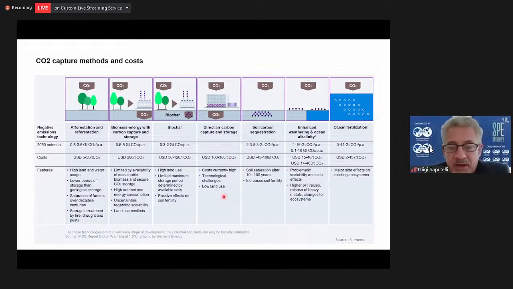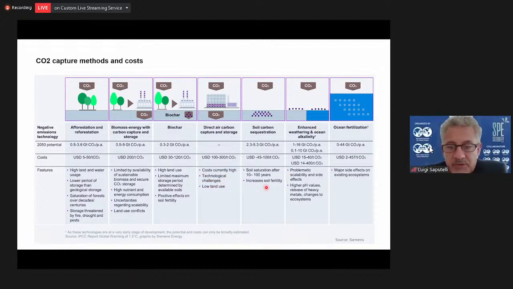It's all about using a variety of technologies to capture the CO2 available in air, mixing it with certain chemicals, either amines or any other type of catalytic material, in order to absorb the CO2 from the air. It doesn't require much land use, and today there are certain technology challenges because the costs are high.